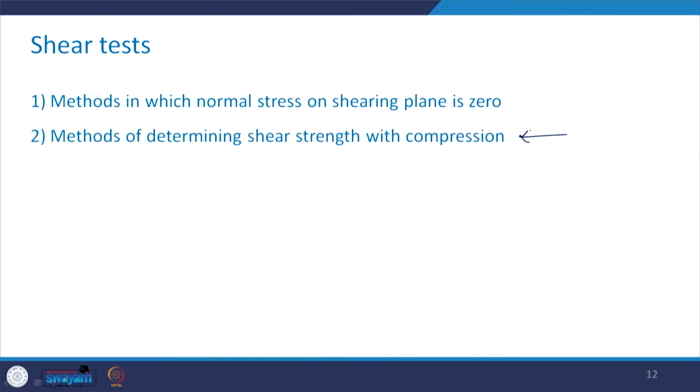Now, with these methods, compression stresses can be calculated in the shearing plane, and this eliminates completely the unknown tensile stresses. So, all the problems which were there because of these unknown tensile stresses can be overcome with the use of the second category of methods, in which you have the determination of shear strength with compression.